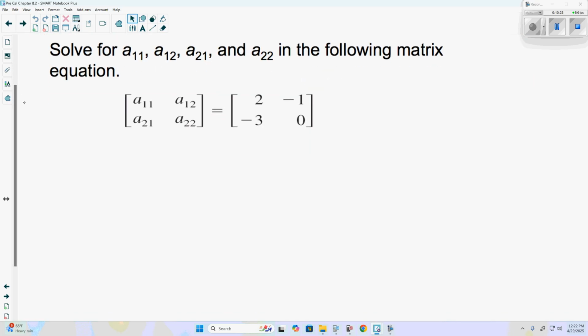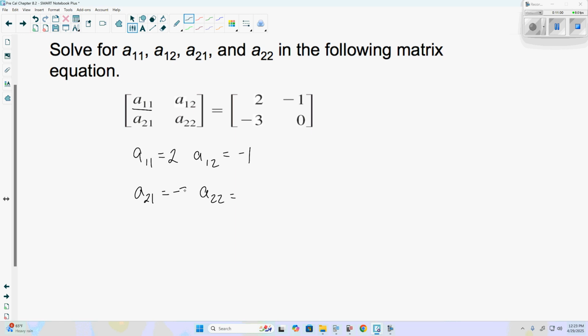So, if the corresponding entries are equal, so if these are going to be the same here, what should the value of A11 be? A12.